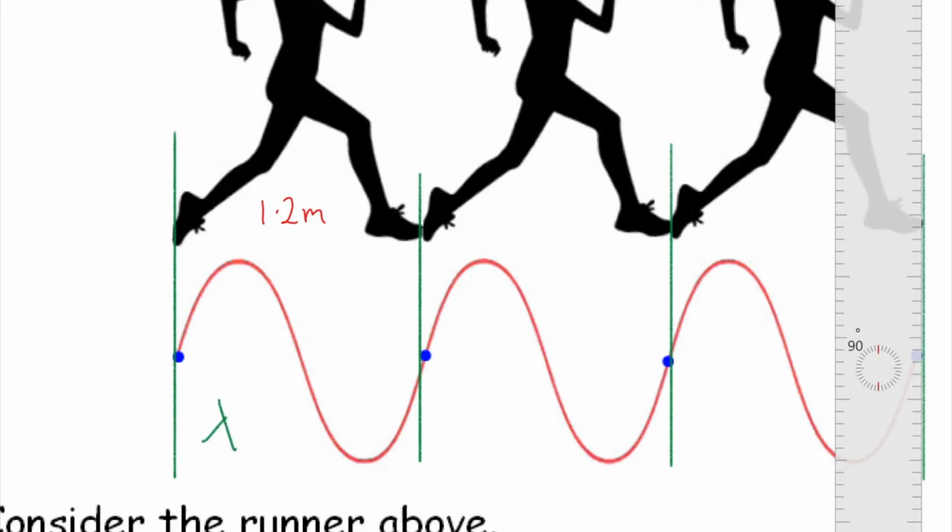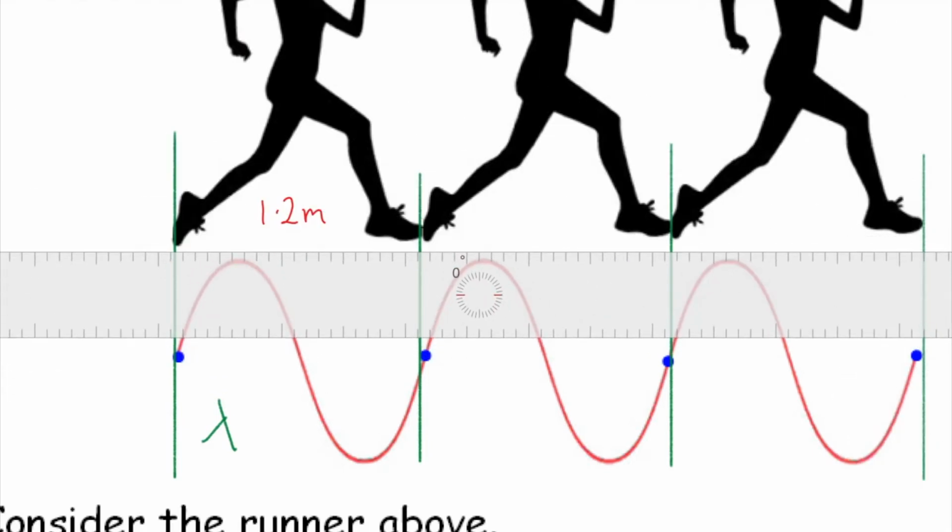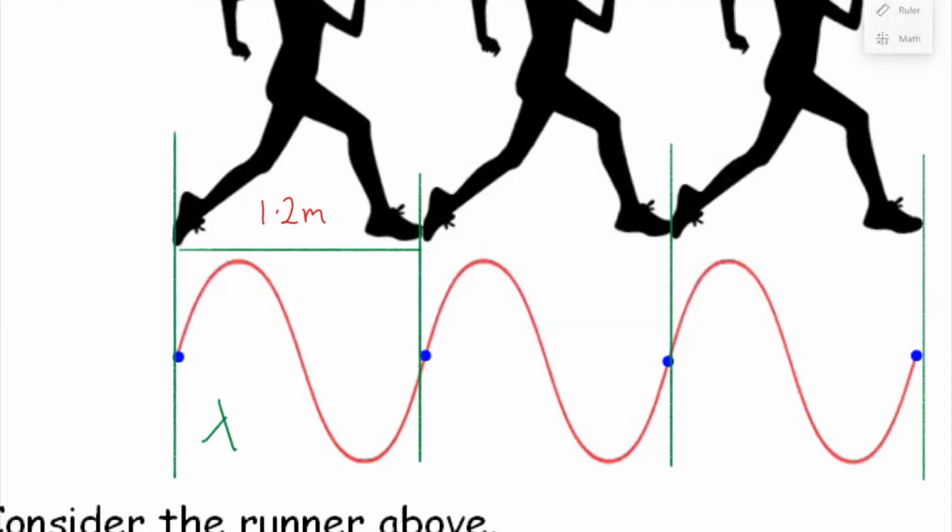And we use the symbol lambda. So 1.2 meters, in this case the stride length, is exactly that, 1.2.